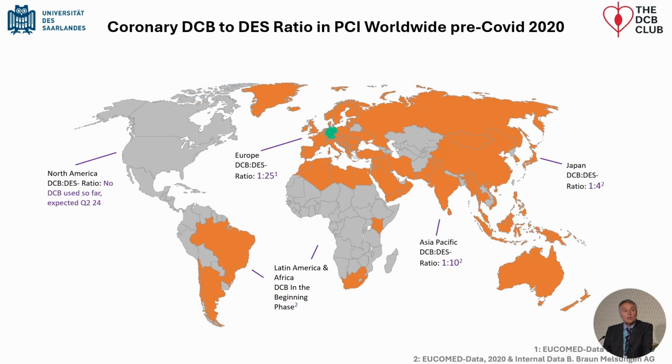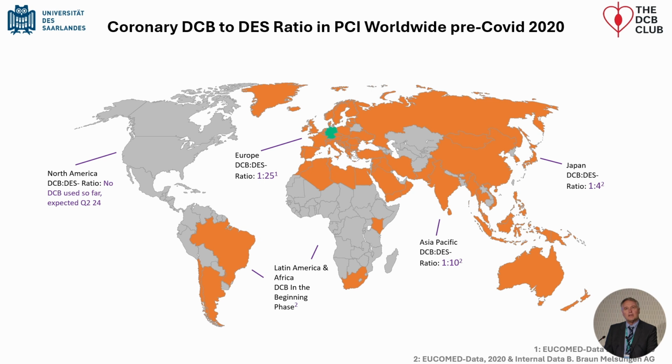This has also been shown today before, the distribution before the COVID pandemic. Japan at this time was already with a stent to DCB ratio of 1.4. Meanwhile, they are going to 40% DCB use in practice, and all Asia is increasing rapidly.